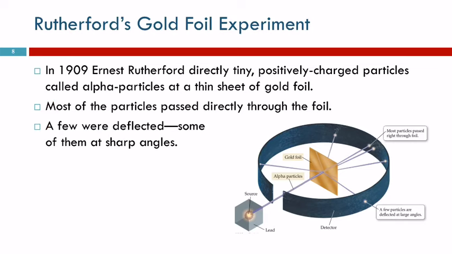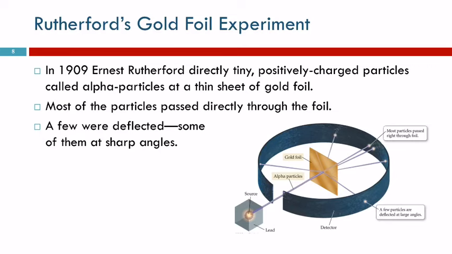1904, Ernest Rutherford was studying some of these same things. He was actually trying to confirm Thomson's experiments and conclusions. And so he did what's now known as Rutherford's gold foil experiment.